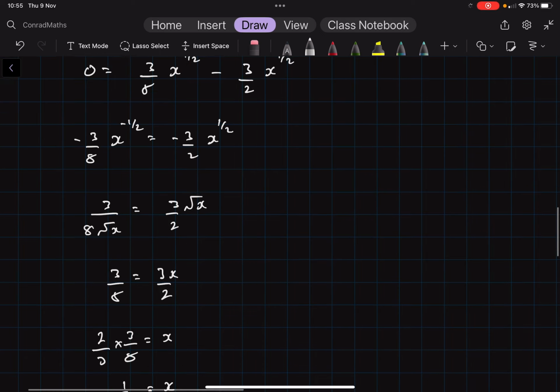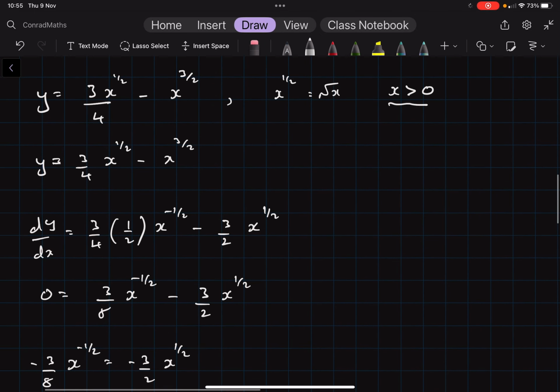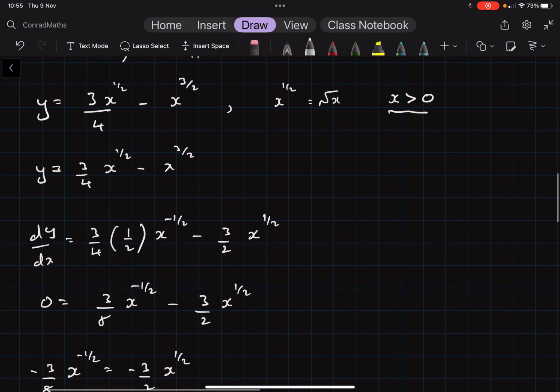Okay, so when x is 1/4, we wanted to find the coordinates, so we need the y value. So we'll put it into that one there. So x is equal to 1/4. I'm just going to write it with the square root sign, because we're going to be putting a value in.